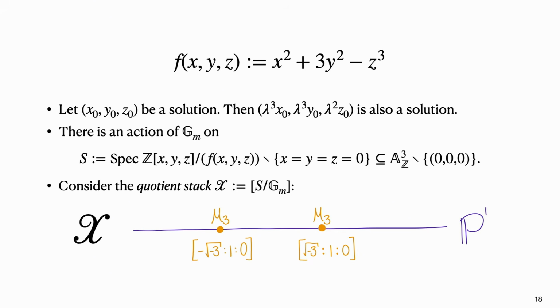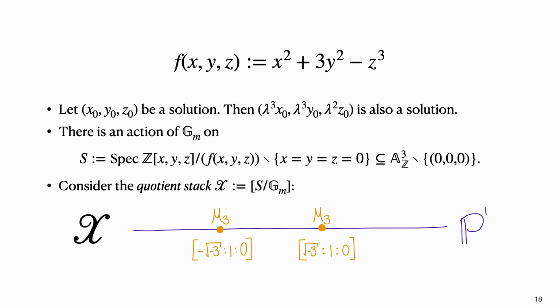Because now you forget the lambda cubed equal to 1. You only have lambda squared equals 1, which means that you have something of order 2 at those points. So if you take something whose square is 1, you get an extra stabilizer here.